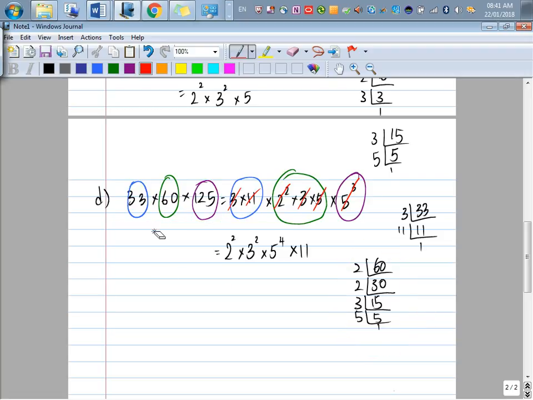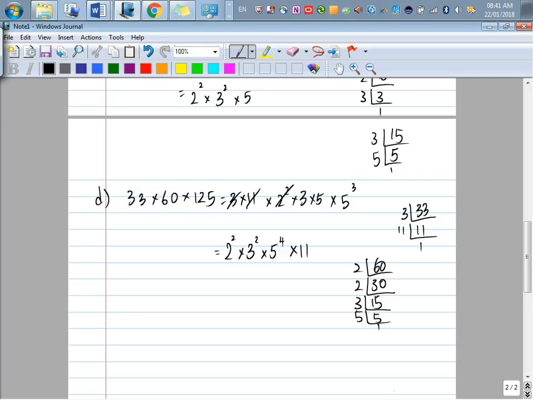Okay? Now question. If you did it like me over here, but instead of using a pencil to cancel things out, you used a pen, this is what you end up with, right?